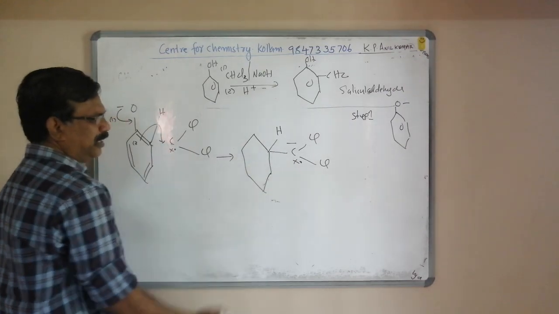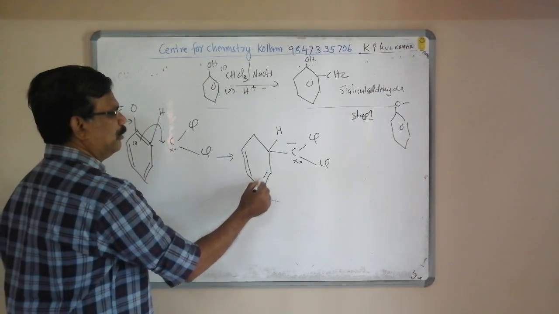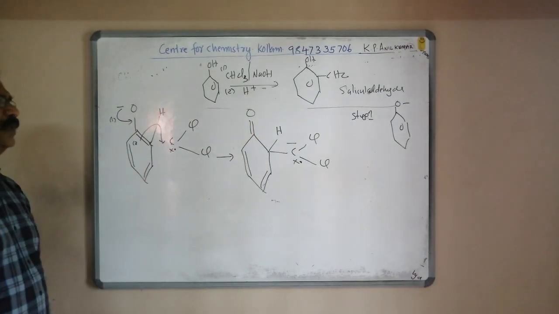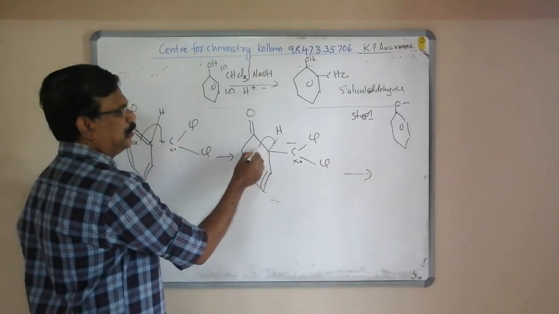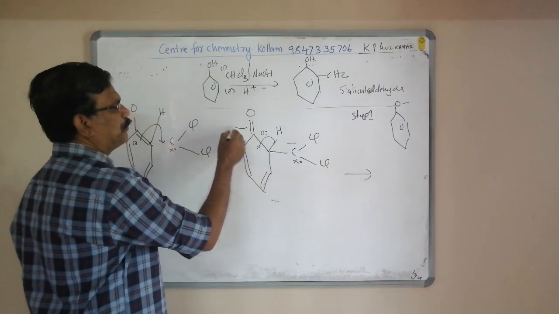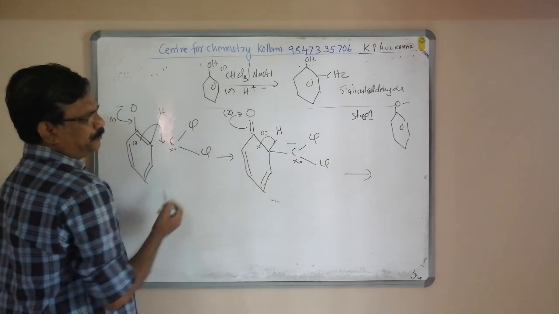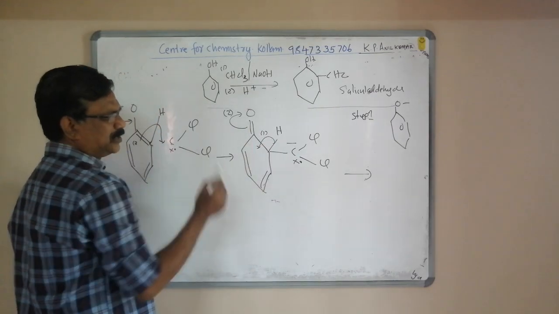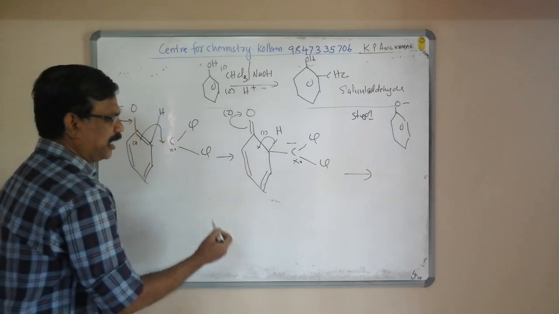A new bond is formed, then it acquires a minus charge, with a double bond here, a double bond here, and a double bond to O. This bond becomes double. In the next step, O carries the minus charge, H is removed as H plus, and that H plus will connect to this negatively charged carbon.